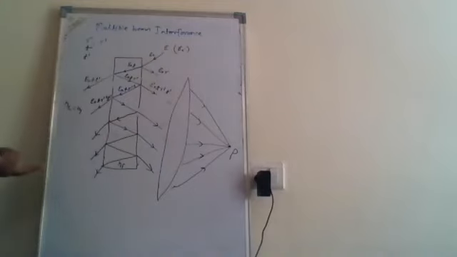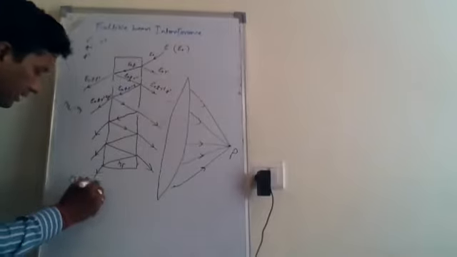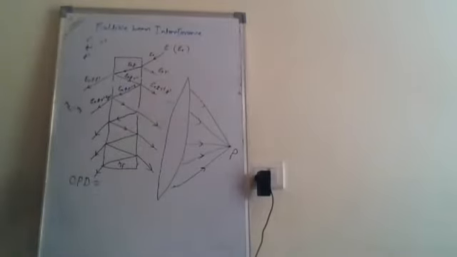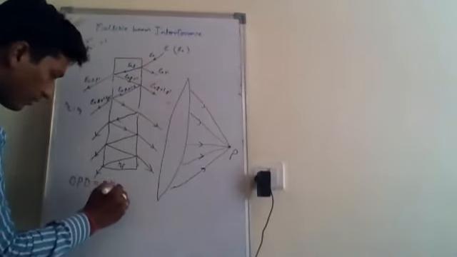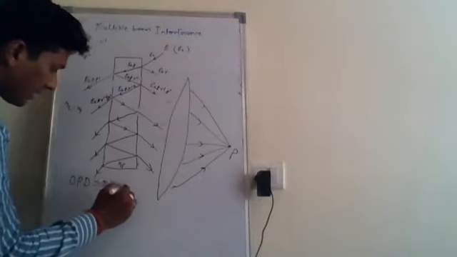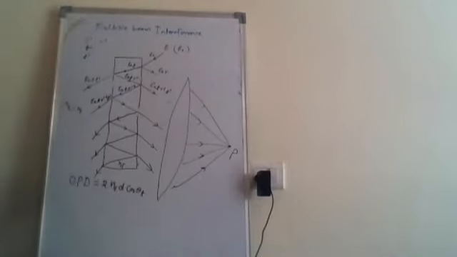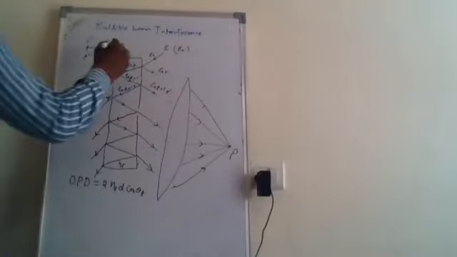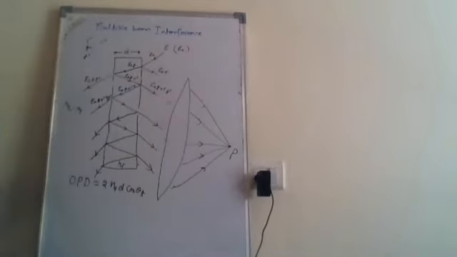So I'm going to write the expression of the optical path difference as we have discussed earlier. The optical path difference, known as OPD, is given by 2 NF d cos theta t. NF is the refractive index of the film, d is the thickness of the film, and theta t is the angle of transmission.